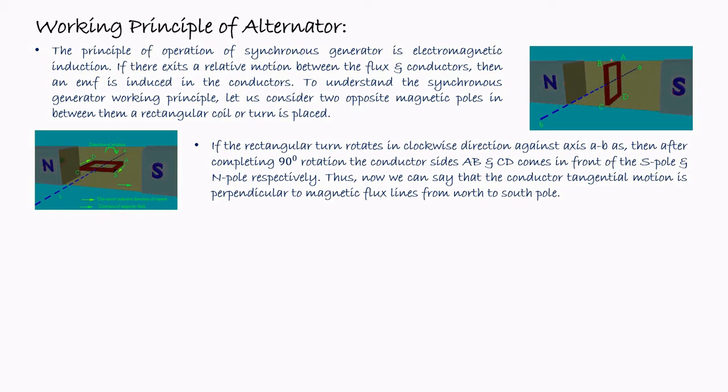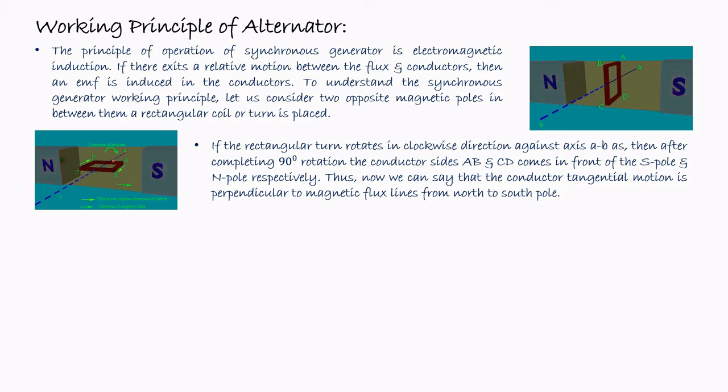That means if initially this is the position of the coil, and now it starts to rotate in clockwise direction, then after 90 degrees, the AB side of the coil will come near the South Pole, and similarly the CD side will come near the North Pole.